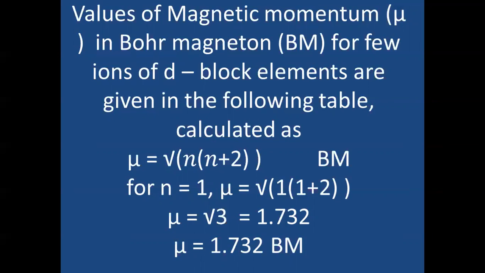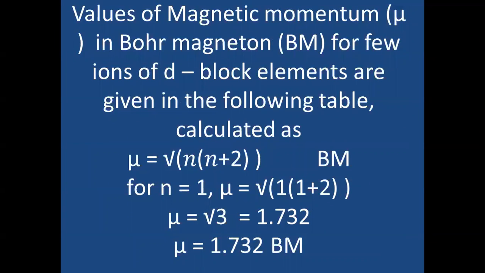Therefore, the value of magnetic moment for a substance with one single unpaired electron is about 1.732. It is calculated as one Bohr magneton.